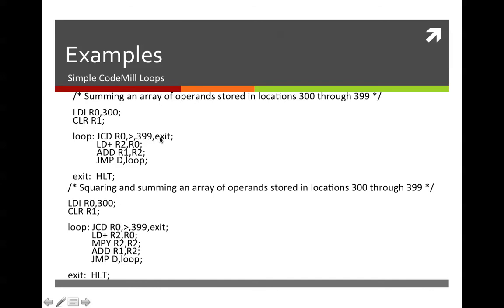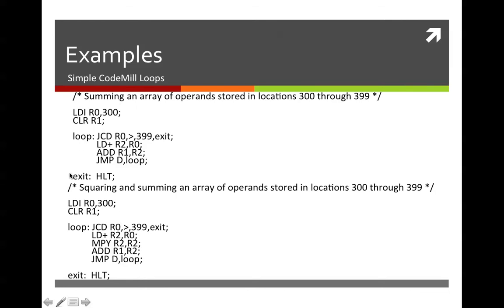If not, we stay within the loop, and then we use an LD plus instruction to use R0 as an index pointer to move the next operand into R2. And then we cleared R1, that's our location into which we accumulate the array of values by adding them together. And then we do the addition and we jump back to the loop.